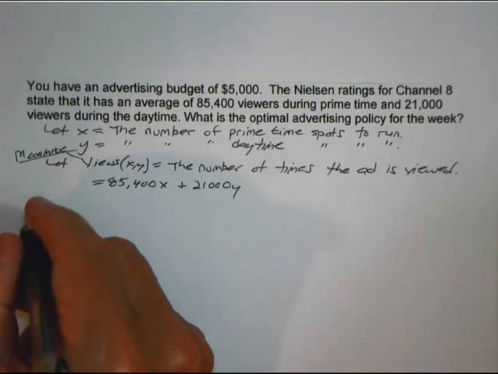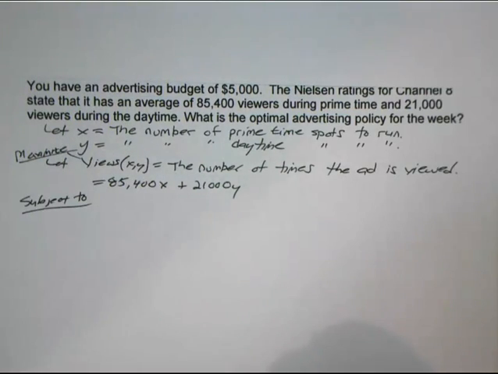And what about the domain? One thing we're subject to is physical sense. x and y are numbers of times to be running an ad, so certainly they have to be greater than or equal to 0.